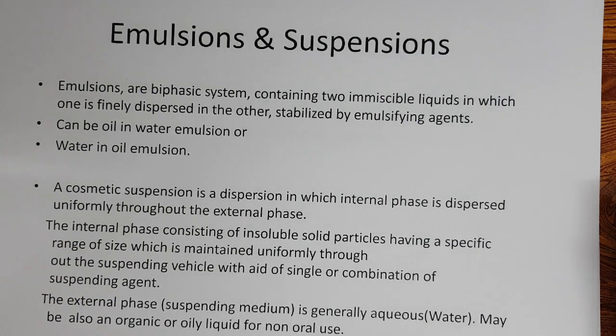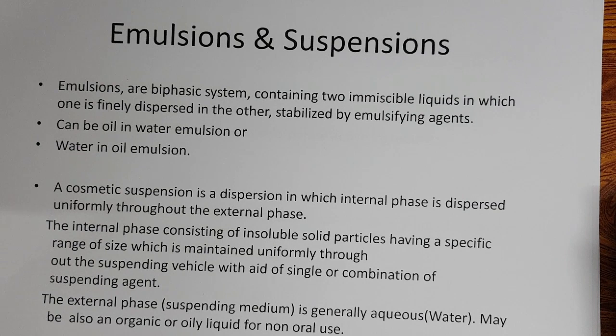Suspension. A cosmetic suspension is a dispersion in which the internal phase is dispersed uniformly throughout the external phase. The internal phase consists of insoluble solid particles having a specific range of size which is maintained uniformly throughout the suspending vehicle with the aid of a single or combination of suspending agents.